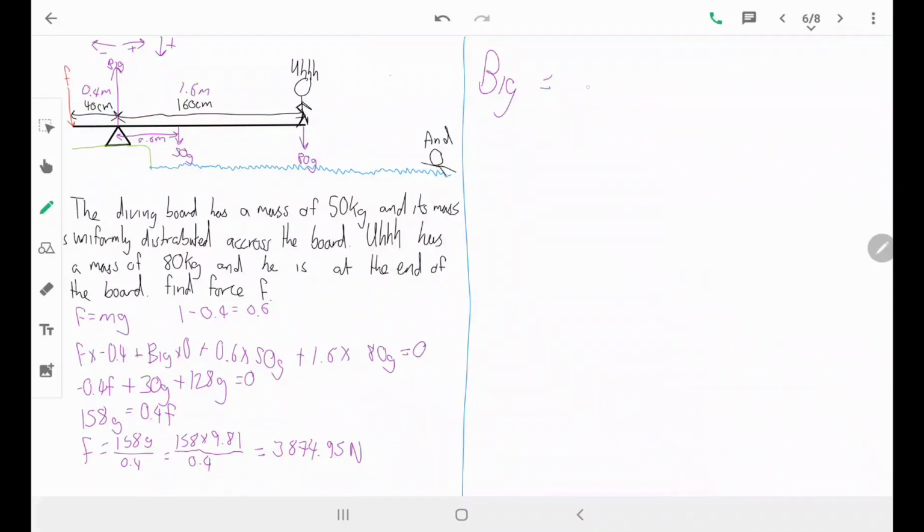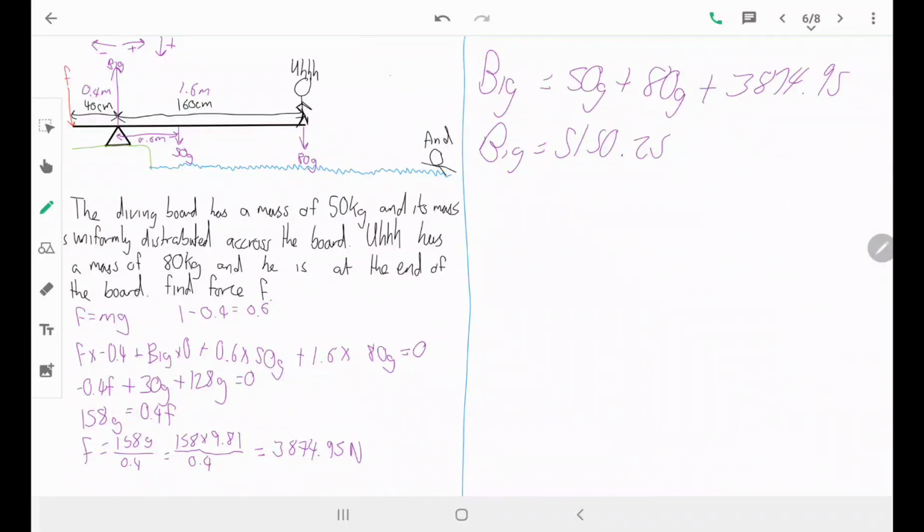So our big force in this case, which isn't part of the question, but we might as well work it out, is 50G plus 80G plus our 3,874.95. So I'm going to just put plus 130 times 9.81, which big equals 5,150.25.